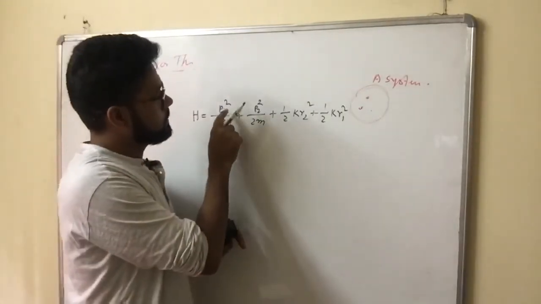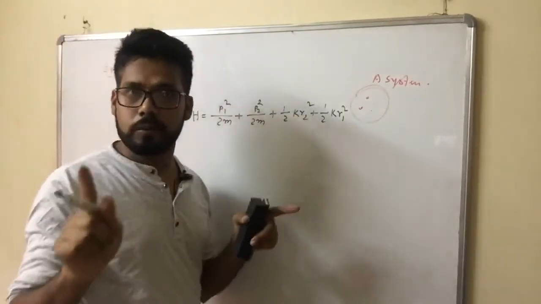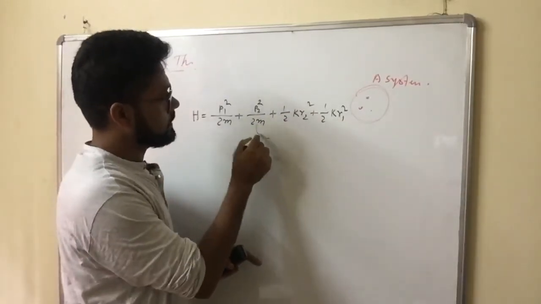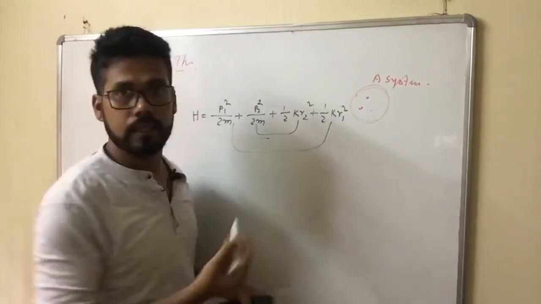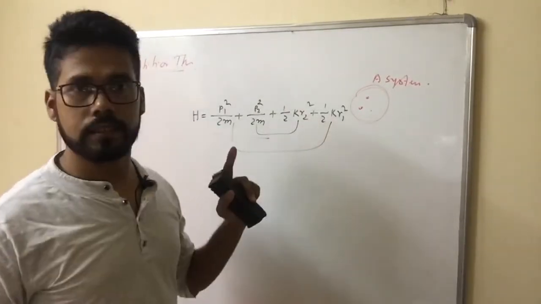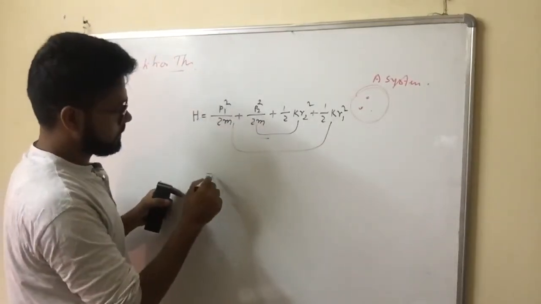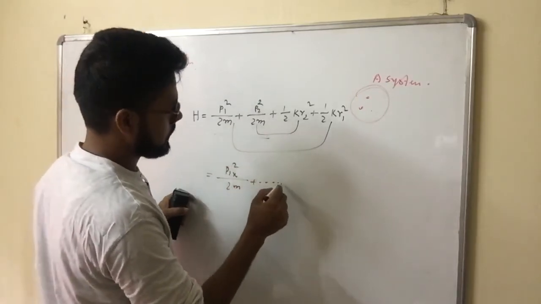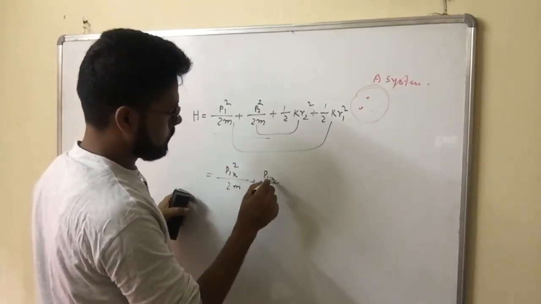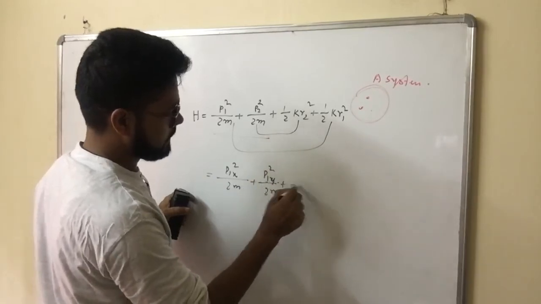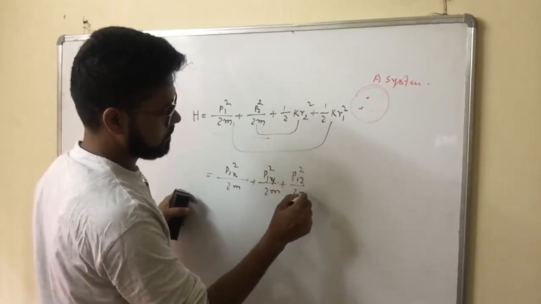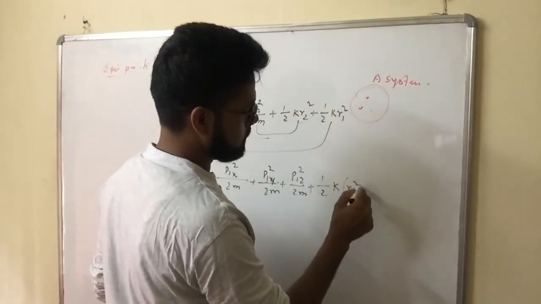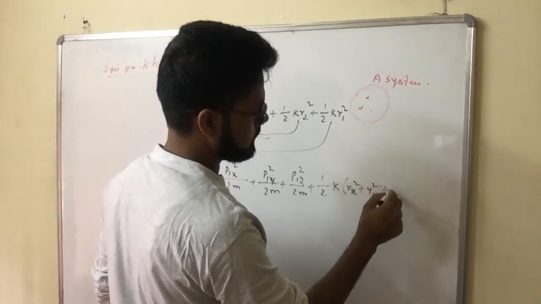Do not count degrees of freedom as 1, 2, 3, 4. It's the wrong way, because it is the Hamiltonian of a system of particles. This is one particle, this is two particles. So how many degrees of freedom? P1 means p1x square by twice m, then p1y square by twice m, plus p1z square by twice m, plus half k r1, x1 square plus y square plus z square.